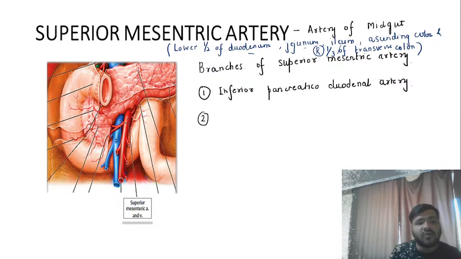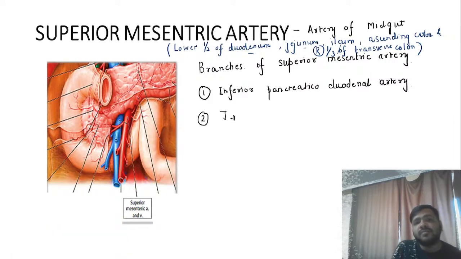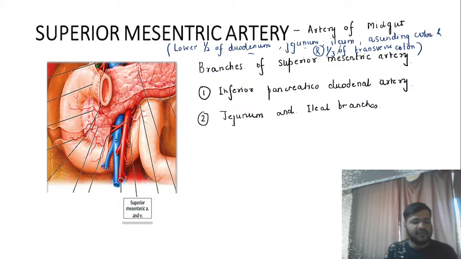These arteries will be commonly named the jejunal and ileal branches. Apart from that, guys, remember these are almost 20 branches.